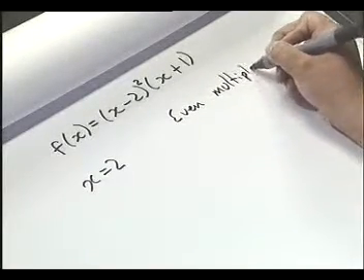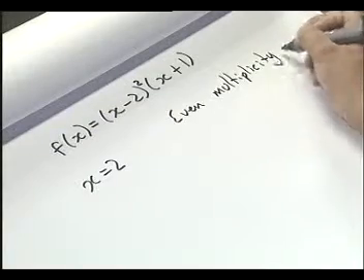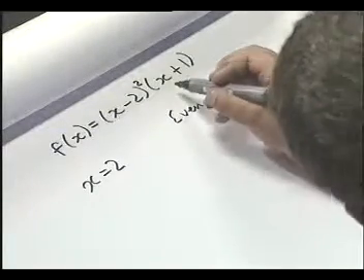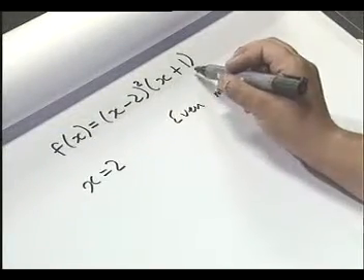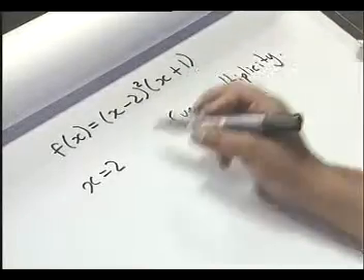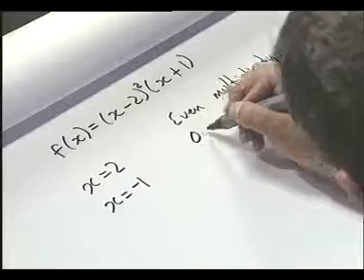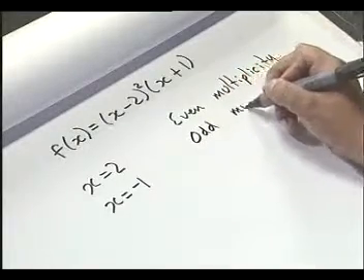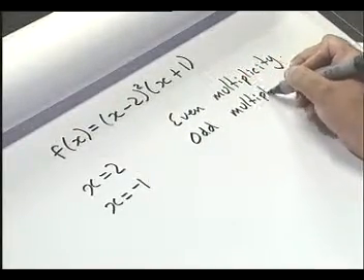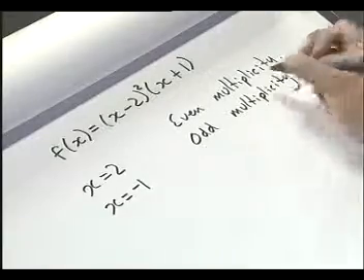So even multiplicity. And x equals -1 would make this bracket 0. So this would be an odd multiplicity, because the power of this bracket is actually a 1.